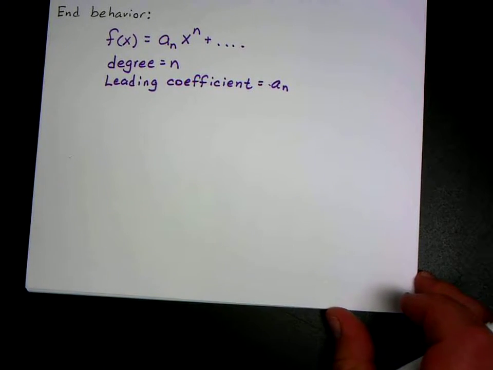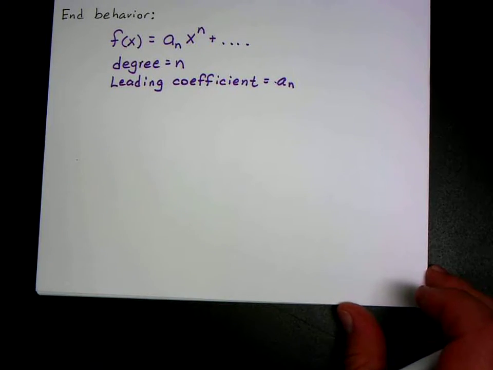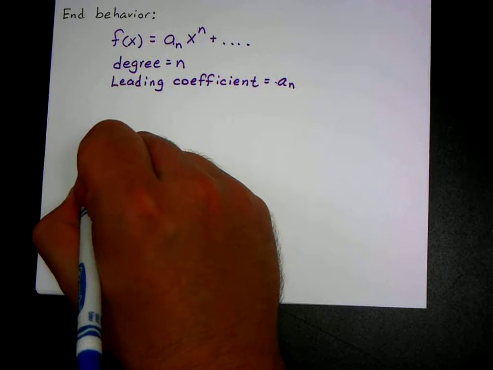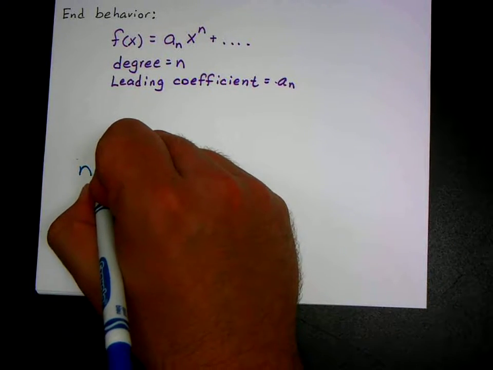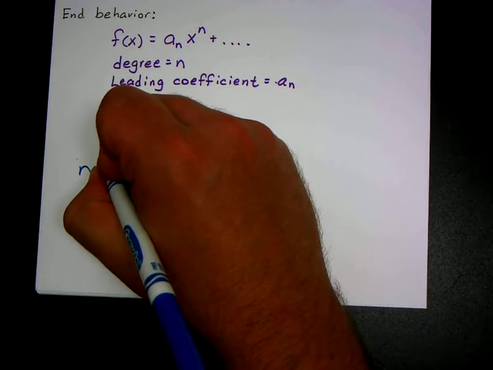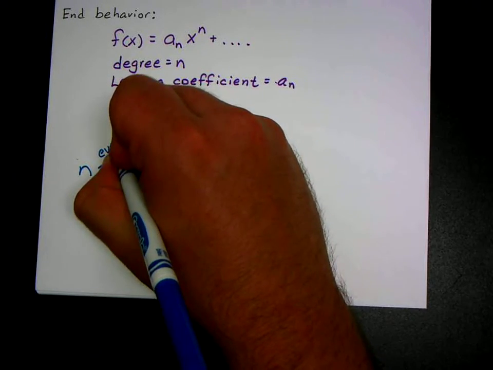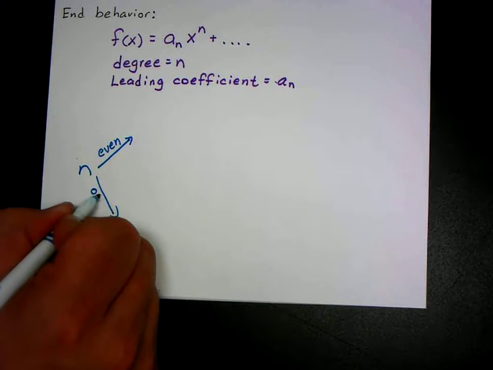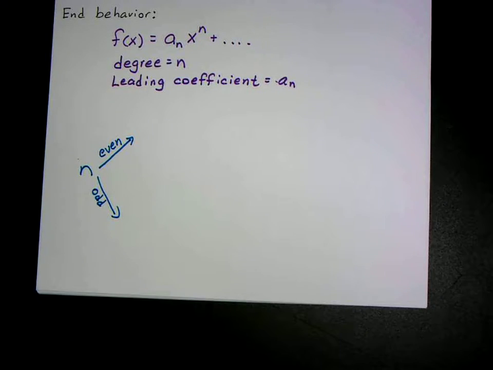Okay, we're going to start with your power, or your degree. So we have two ways of thinking about this. Your degree can either be even or it can be odd. Now, if it's even, think about a parabola. A parabola is even. It has an x squared.